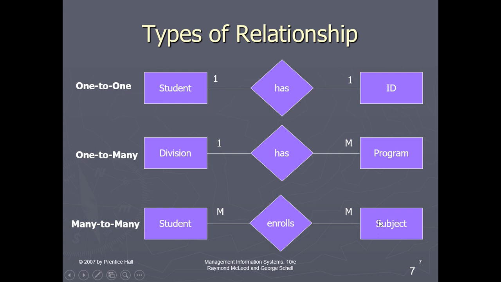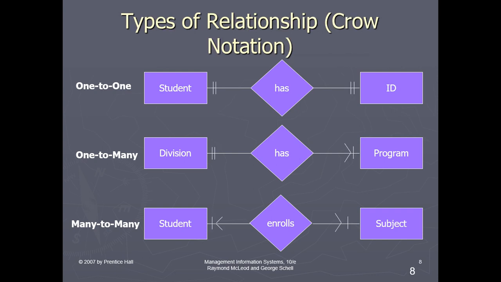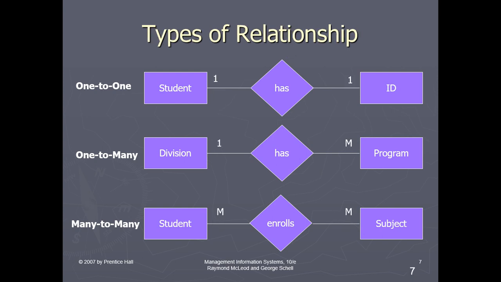Okay, so we're going to discuss it later, more deeply. Okay, this is types of relationship crow's foot notation.